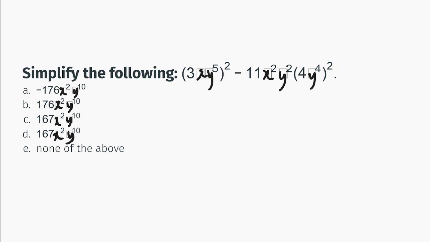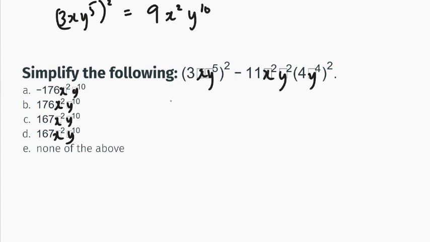So let's just use the rules of exponentiation and laws of exponents. So we have (3xy^5)^2. This will actually be equal to 9x^2y^10.